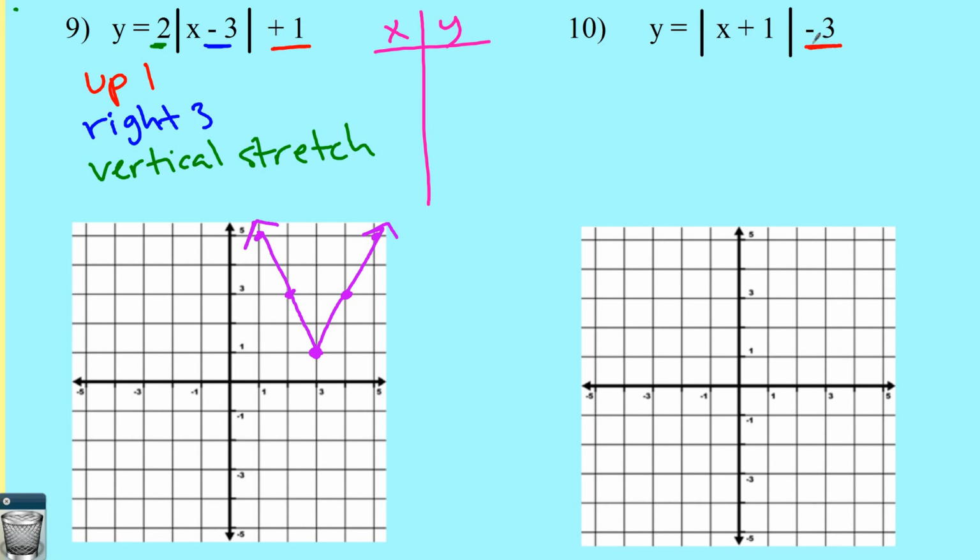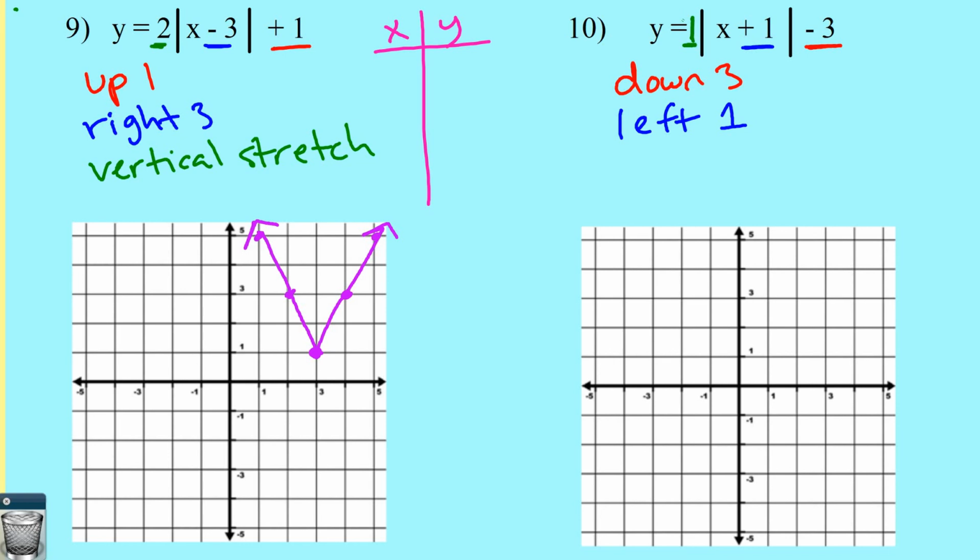So here, we've got negative 3. That's a negative, so we're going to go down 3. Again, feel free to stop this and try any of these problems if you think you can do it. Here we've got plus 1, so that means we're going to go left 1. And here we've got just a 1 out front, so there's no stretch, no compression.